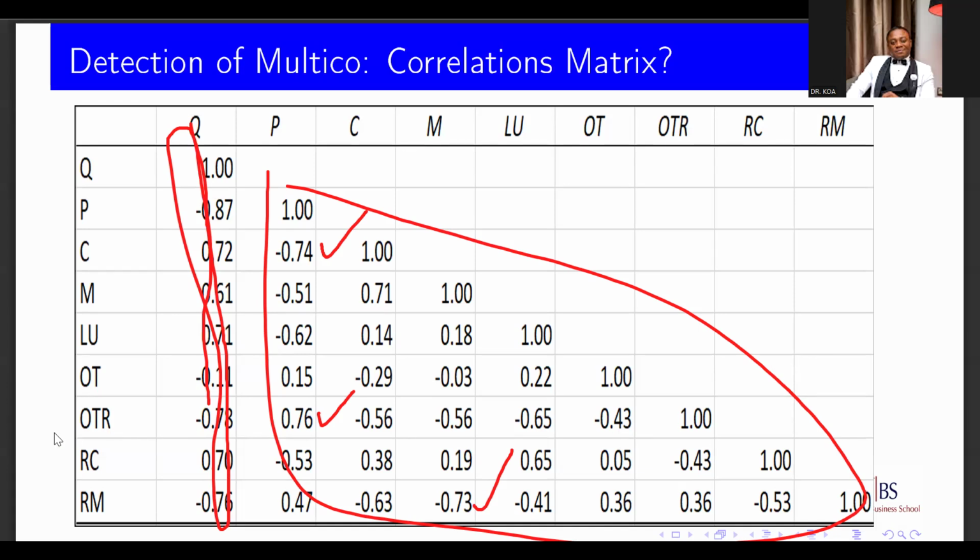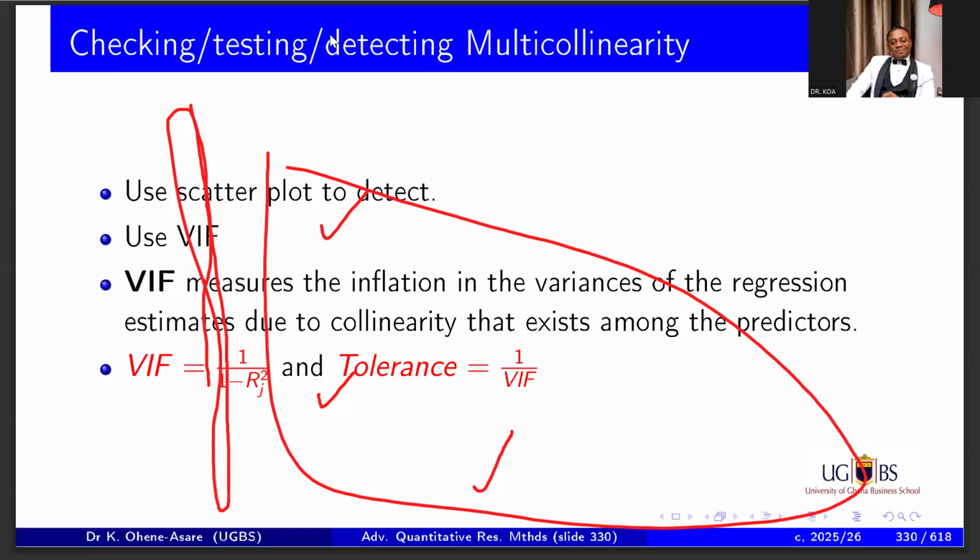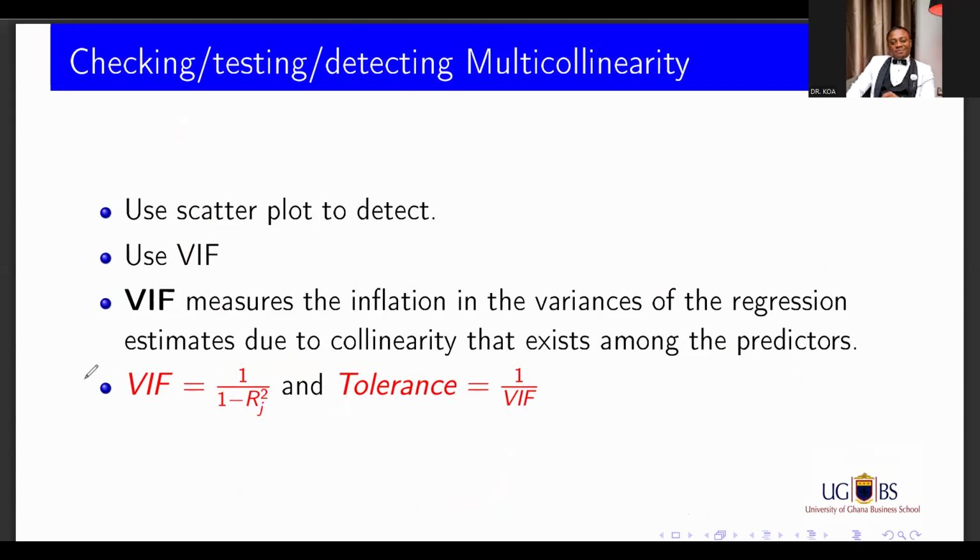To check for the existence of multicollinearity, you've got to use something known as the variance inflation factor. It tells you how inflated the variances of the regression estimates are because of the multicollinearity. In other words, it tells you whether two independent variables have a high correlation coefficient, and that high correlation is making one of them redundant.